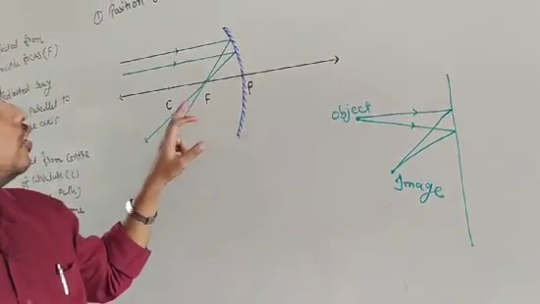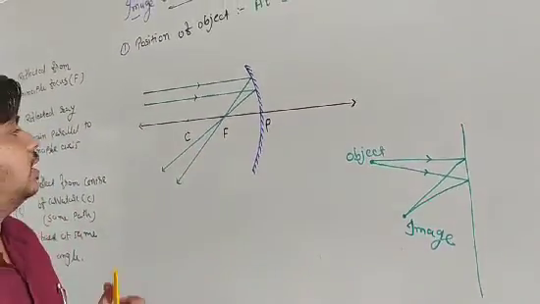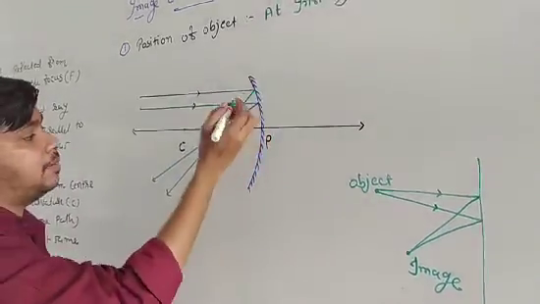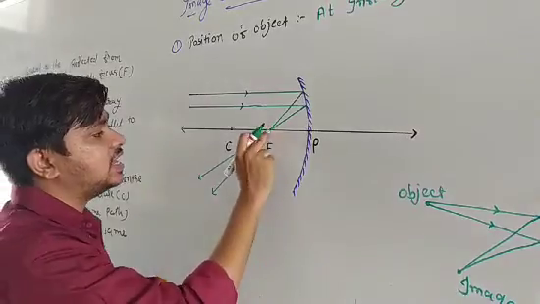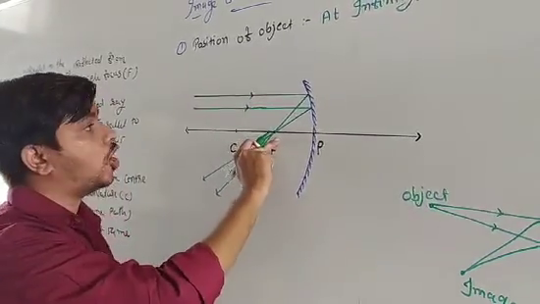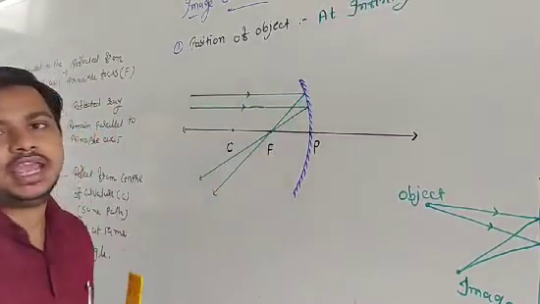Here, we are also doing that. Here, the rays are coming and they meet at some point. Where? On the principal focus. Then it is the image of that object which is at infinity.